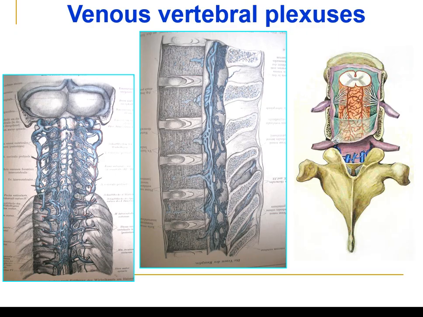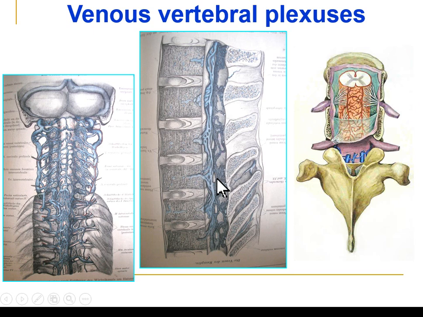And the vertebral column has two venous plexuses, the outer venous plexus and the inner venous plexus. The outer venous plexus lies on the outside of the vertebral body and arch and is subdivided into the anterior and posterior vertebral plexus.